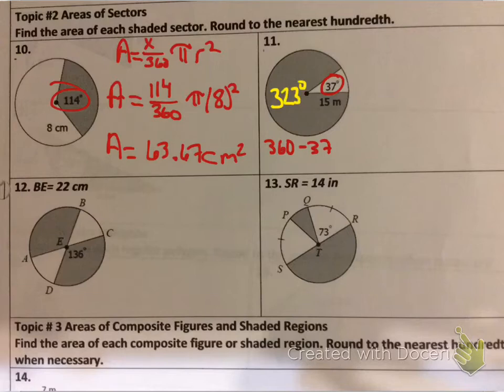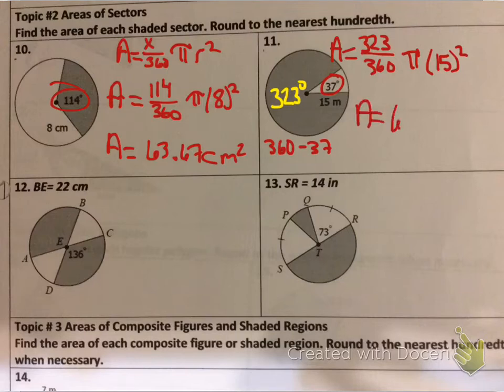Okay, so then I would say 323 over 360 times pi times 15 squared, and go from there. Okay, so what do I get? Should get about 634.21 square inches.